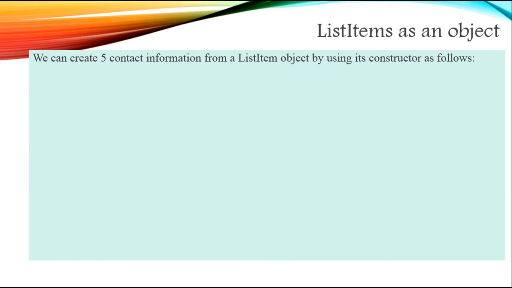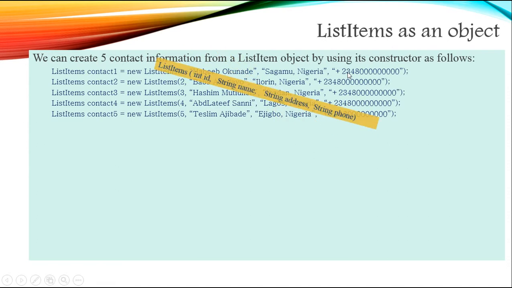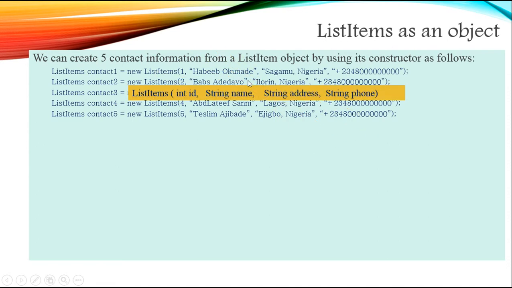I can decide to create 5 contact information objects from the list item class by using the constructor. As you can see, contact 1 is equal to new item, because the constructor accepts integer, string, string, string. So by creating this, I have 5 list item objects, like item 1 in our previous example.